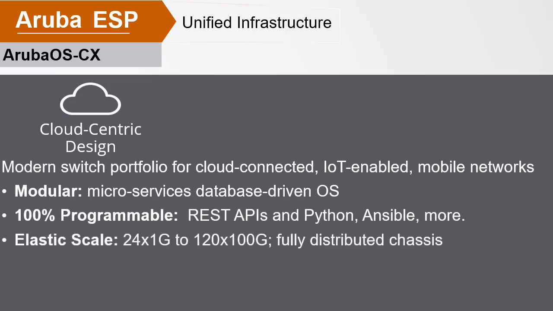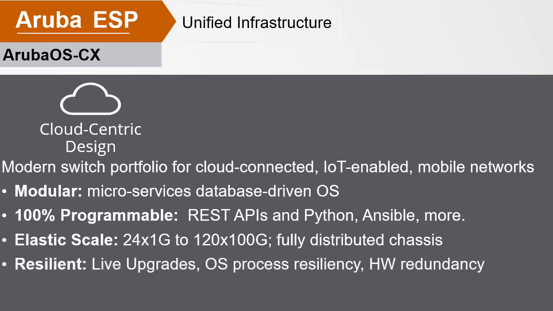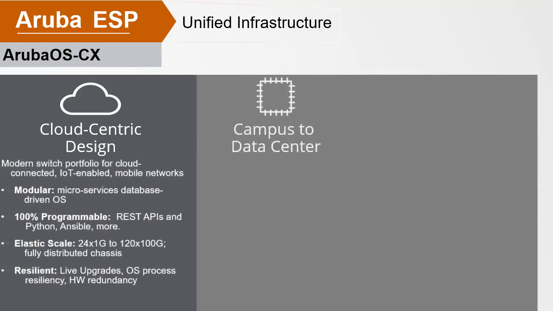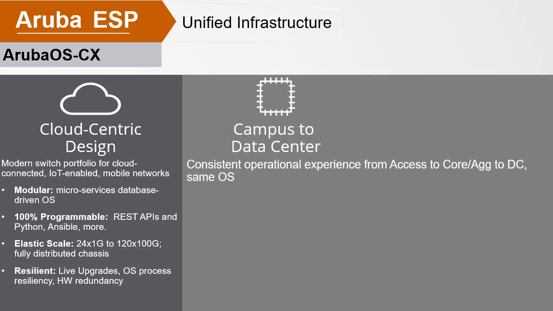It's elastic, scalable from 24 by 1 gigabit to 120 by 100 gigabits. Fully distributed chassis, policy-driven segmentation, and it's resilient: live upgrades with VSX, process resiliency with the OS, and hardware redundancy. And you get a consistent operational experience from access to core aggregation to data center with the same OS.